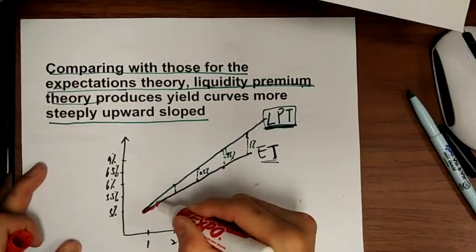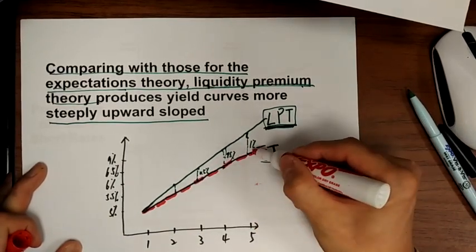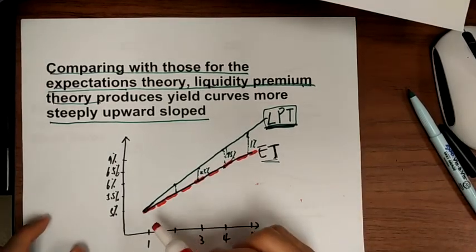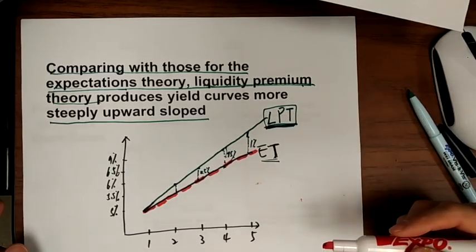So this is a dashed line. We don't observe the yield curve implied by the expectation theory. But we do observe the yield curve implied by the liquidity premium theory.